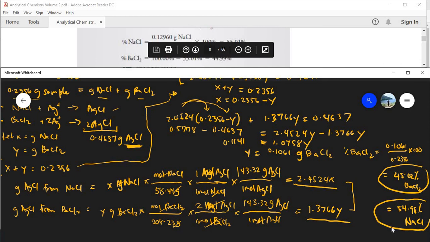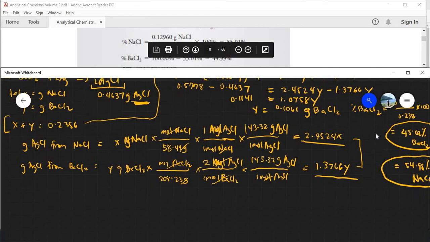The mistake could come from the many decimal places that we missed. It's actually better if you directly solve for x using the solve function on the calculator, to give you the most accurate answer. But still, this is acceptable.